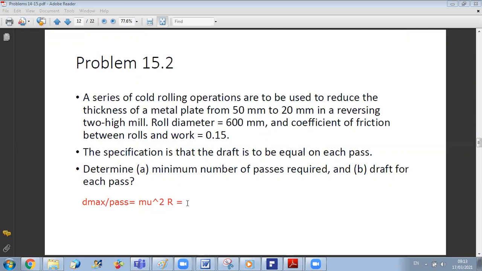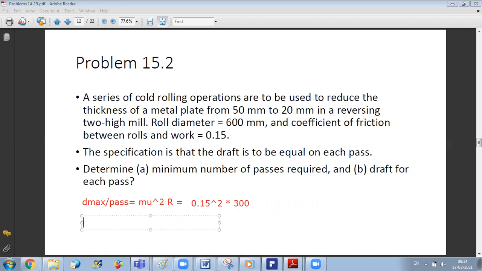And concerning the radius of the rolls, they gave us that the roll diameter is 600 millimeters, so the radius is 300, so times 300. If you keep the radius in millimeters, then you will get the draft per pass in millimeters. So if we perform the calculation for D max per pass, we will get the maximum draft we can do per pass.